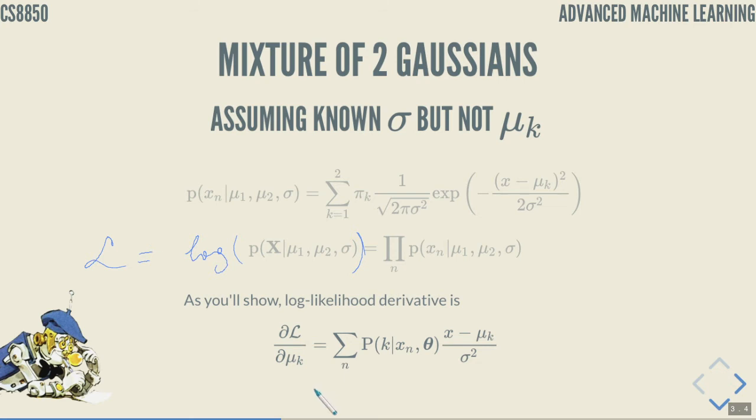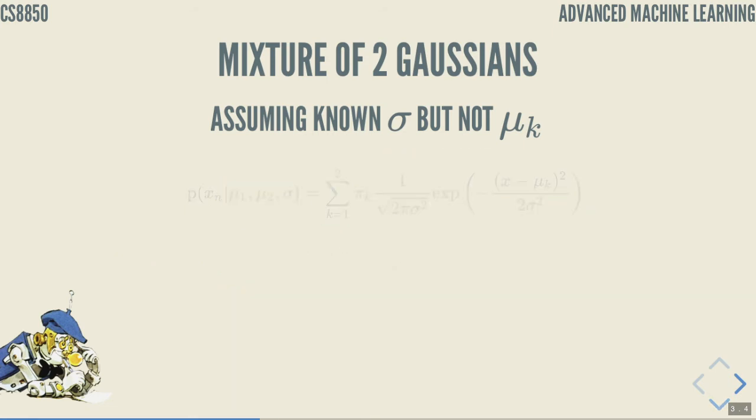And once we have the log likelihood, you will show that the derivative of the log likelihood is nothing but the class posteriors that we saw on the previous slide. Probability of k given x sub n.